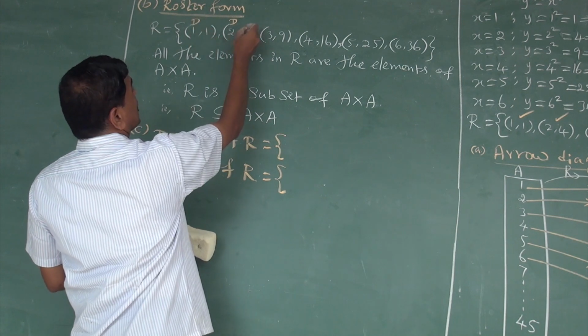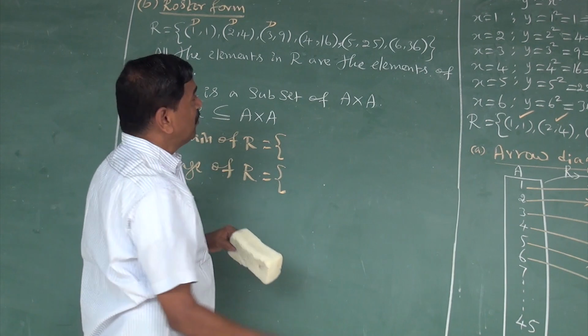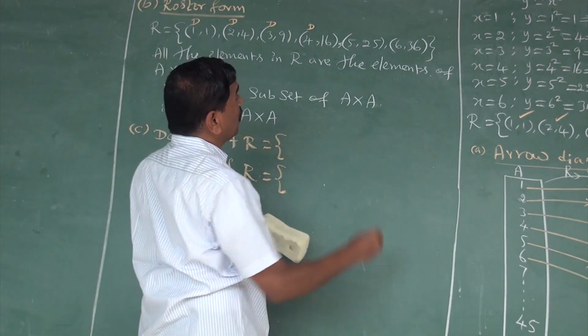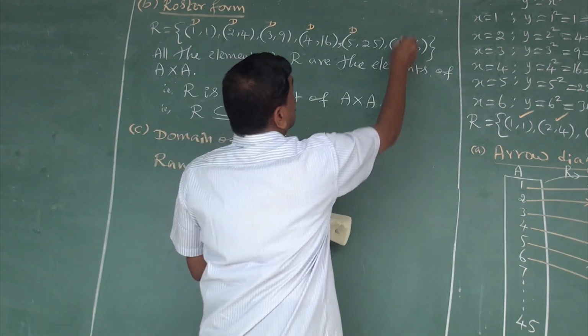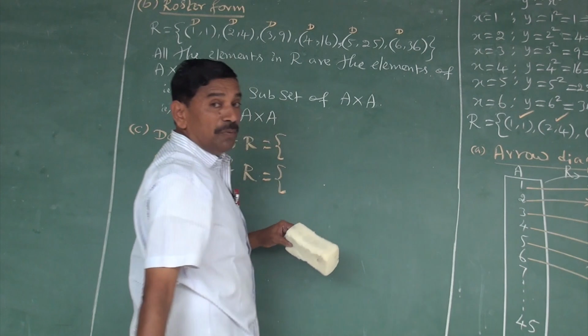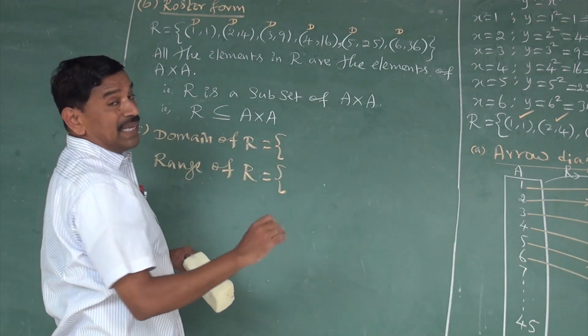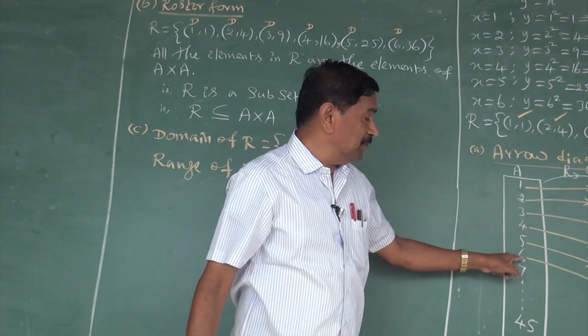Similarly, first element 4 belongs to domain. Next, first element 5 belongs to domain. Next, first element 6 belongs to domain.